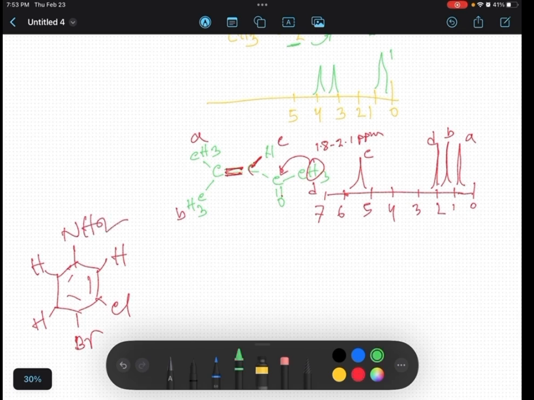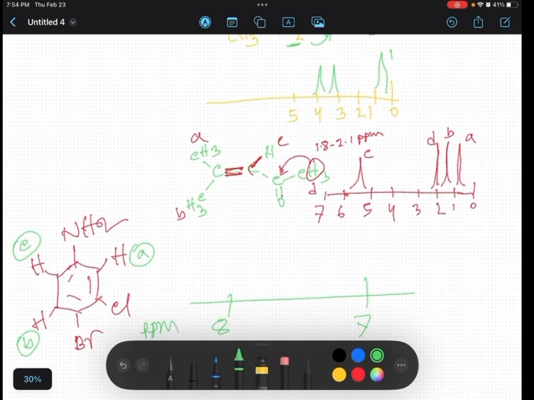So here A, B, C. Remember that the aromatic peak is around 7 to 8 ppm, very normal case.